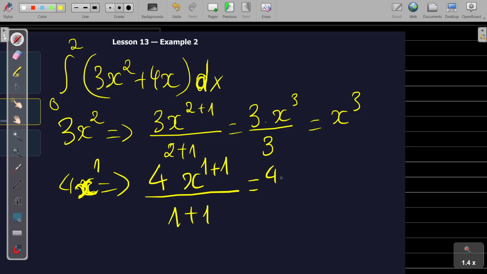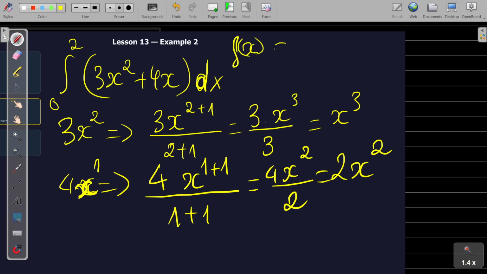This will be 4x squared, divided by 2, so this will be 2x squared. So we have found the antiderivatives of both terms. So time to write, this is small f, by the way. Small f is 3x squared plus 4x.